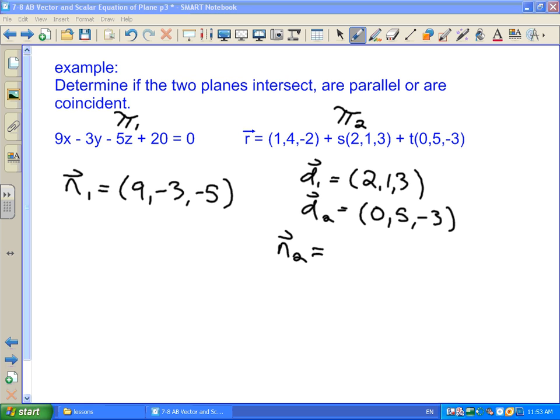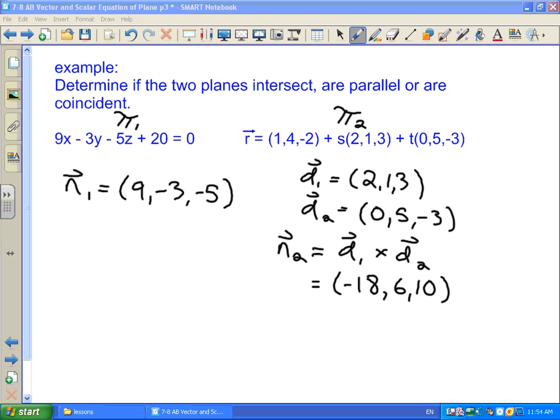Our normal has to be perpendicular to the plane. Our two direction vectors have to lie in the plane, so the normal has to be perpendicular to both of these vectors. So let's do the cross product here, D1 cross D2. And we work this out, and we get (-18, 6, 10). And then we can compare these two normals.